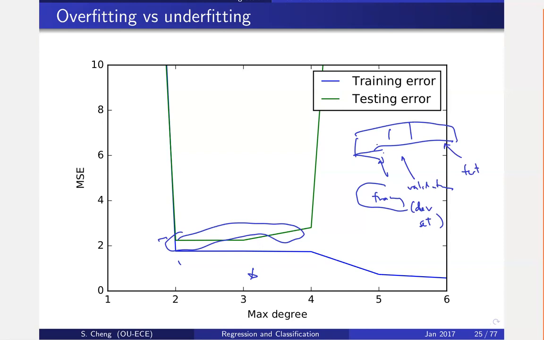Instead, I estimate how good the result is using my validation set. I use my validation set to get the performance for each degree value. Basically, I use my validation set to plot this green line here.